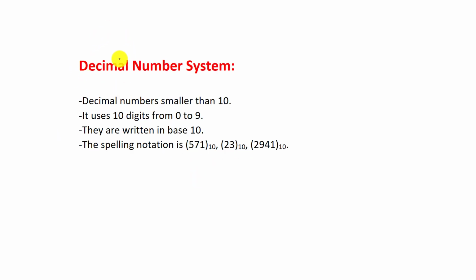The second important number system is the decimal number system. Decimal numbers are smaller than 10 and it uses 10 digits from 0 to 9. They are written in base 10. The important point for the decimal number system is that the digits are from 0 to 9 and the numbers in parentheses must be smaller than 10.